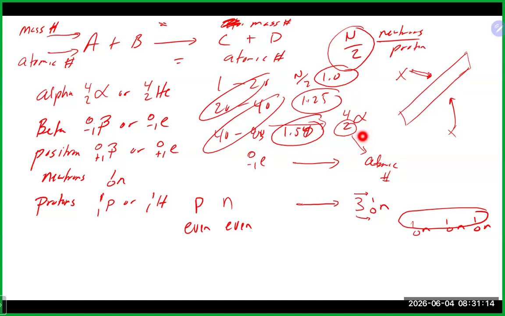Kind of the worst in terms of stability is odd and odd of each of these, and there are only like 5 of them that are stable in that arrangement. So having one of those or both of those at least even is really good for stability. But if they're both odd, it's not so great in terms of stability. Any questions on any of that?